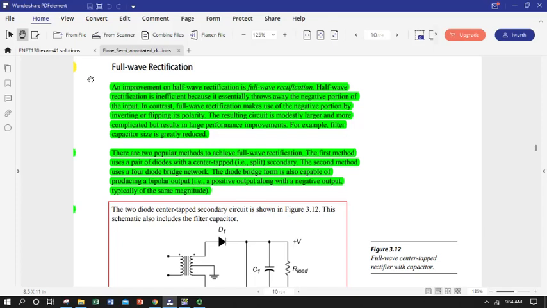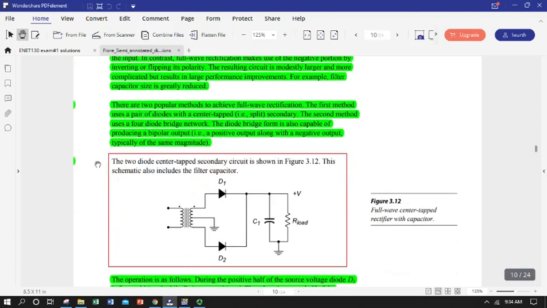So we can think of our diodes as being one-way valves that are redirecting current that flows alternately in two different directions and redirecting it around. So at the end of the day at the load, it's always coming in the same direction. So in that way we capture the entire waveform.